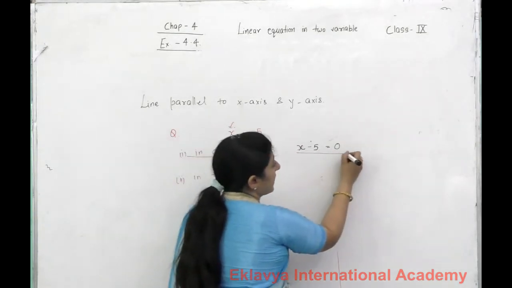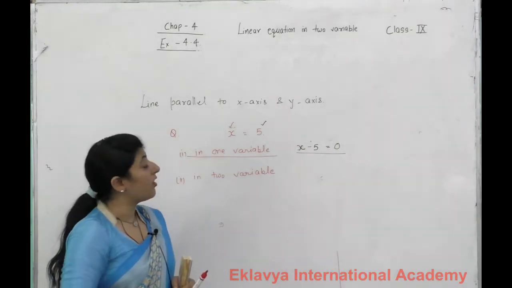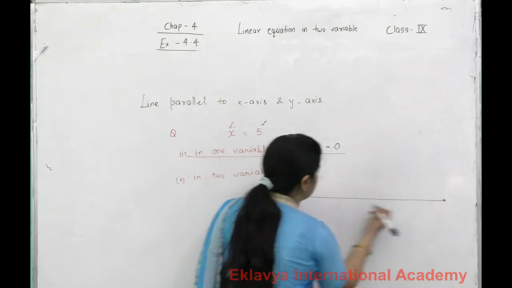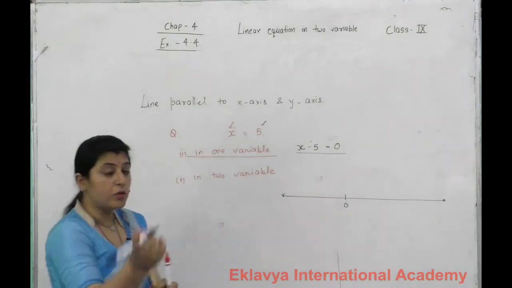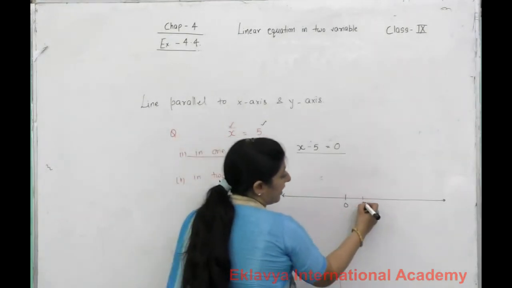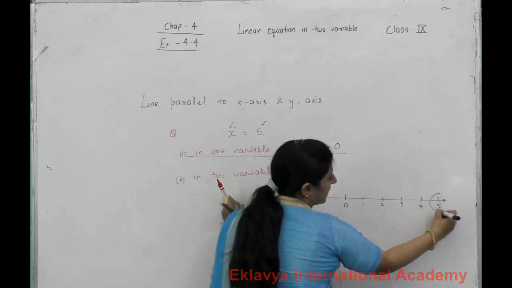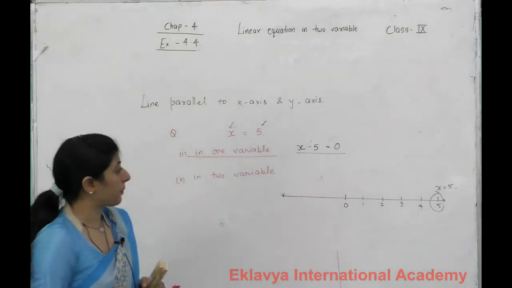This is in one variable, and you can represent it on the number line. How? The x value is positive, so we move to the right side. Then 1, 2, 3, 4, 5, this point represents x is equal to 5.